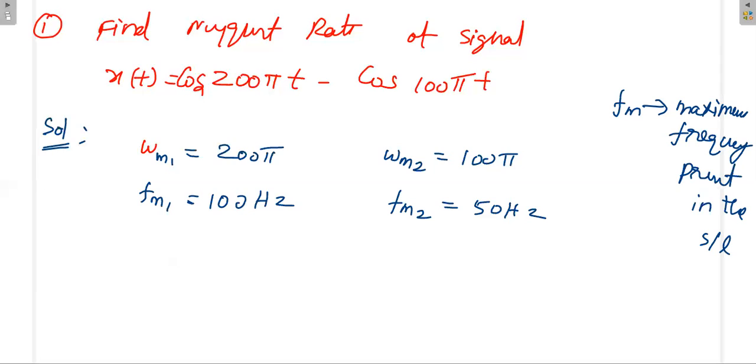Then what is the Nyquist rate? Nyquist rate Fs is equal to 2 FM. Here it is 2 FM1, the first component.